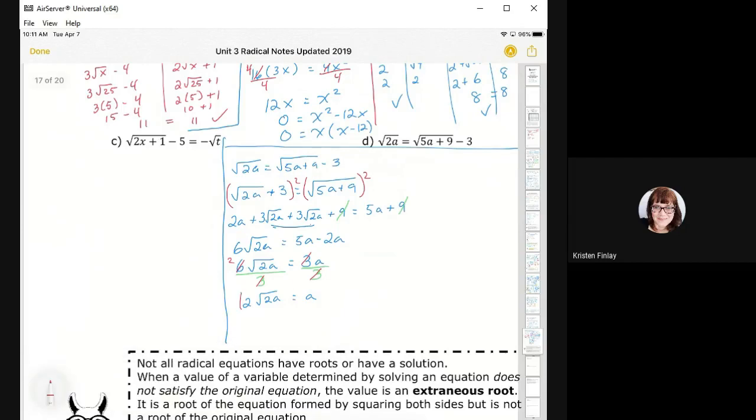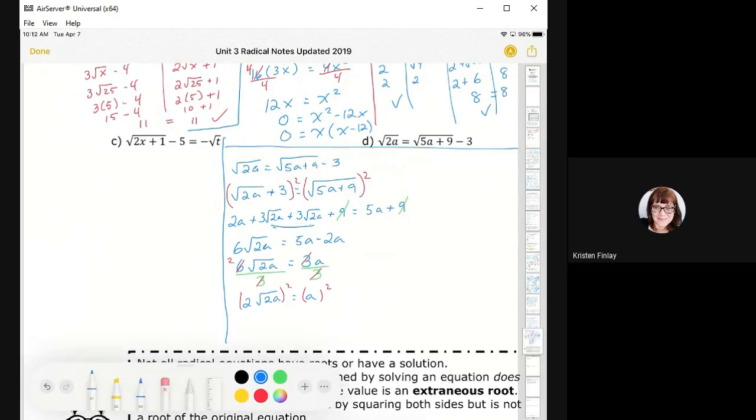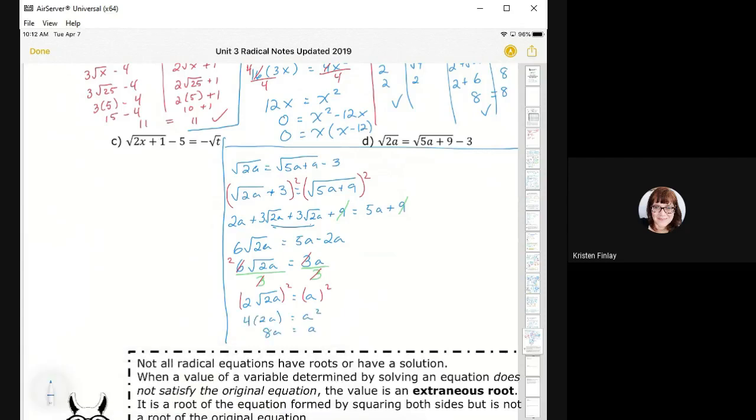So we're going to square both sides to get rid of that radical. And when we do that, we get 4 times 2a equals a squared, which is 8a equals a squared. Move everything over to one side, so 0 equals a squared minus 8a.